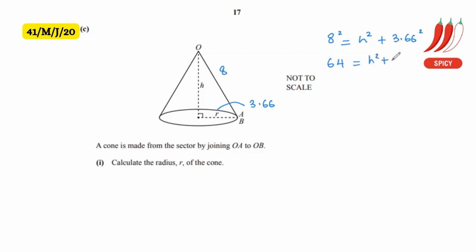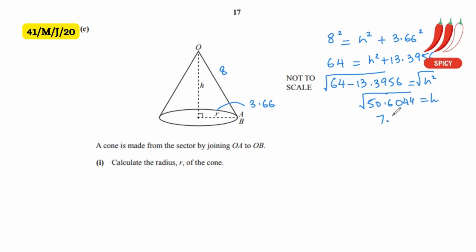So that's 64 equals h squared plus 13.3956. 64 minus 13.3956 is 50.600044. Take the square root to get rid of the square on h, and that gives us 7.11 centimeters as the height.